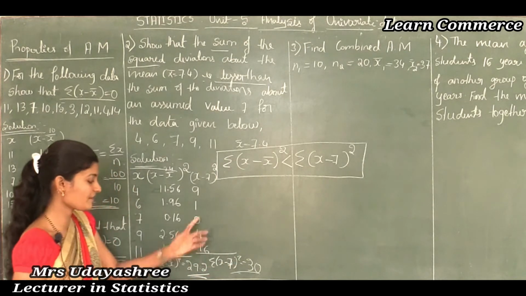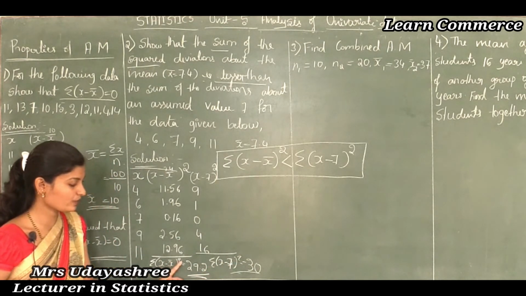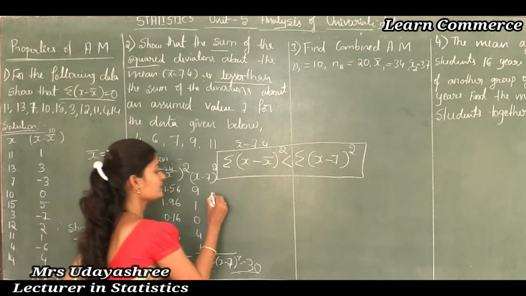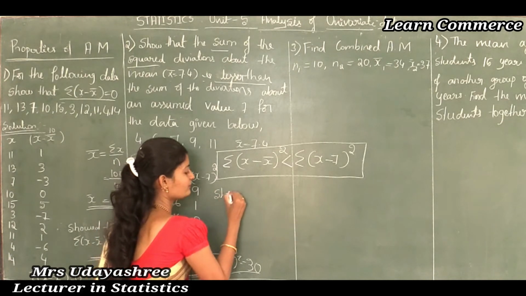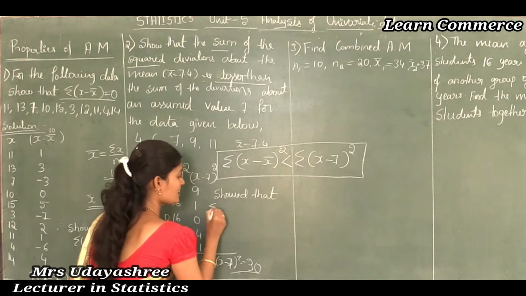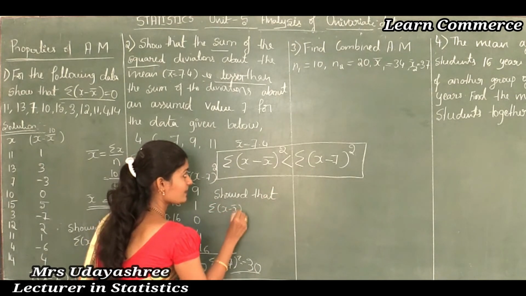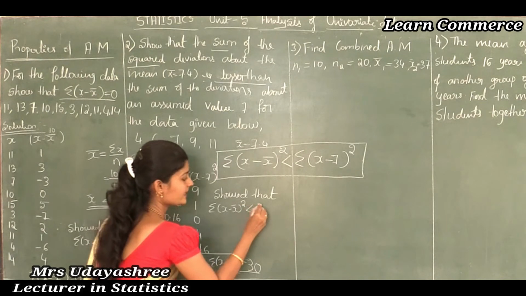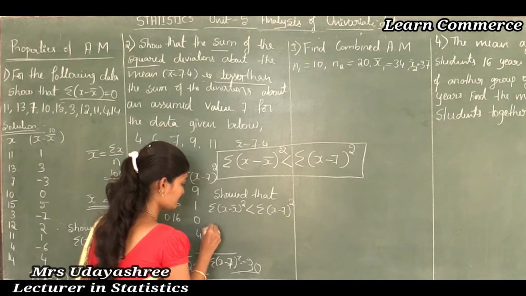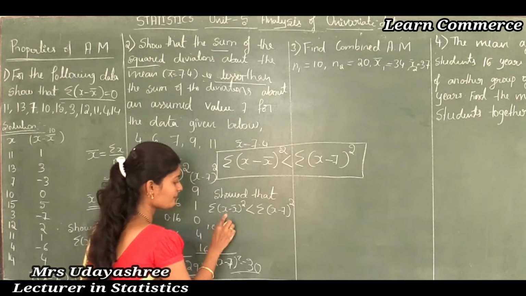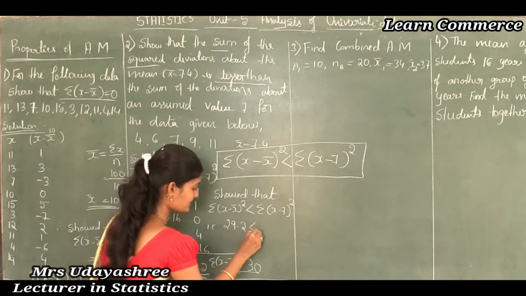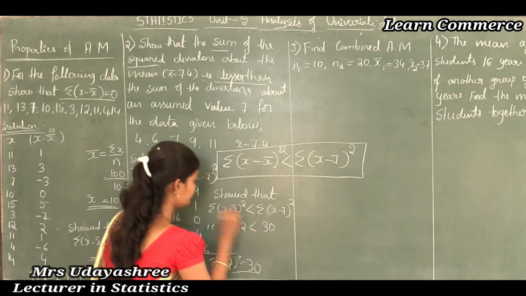In the sense, the sum of (x minus x bar) squared is lesser than the sum of (x minus 7) squared. So we showed, or proved, that the sum of (x minus x bar) squared, 29.2, is lesser than 30.